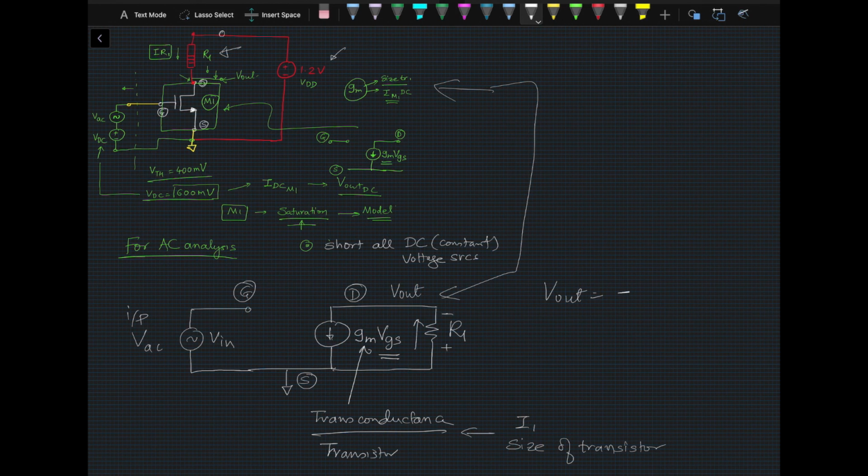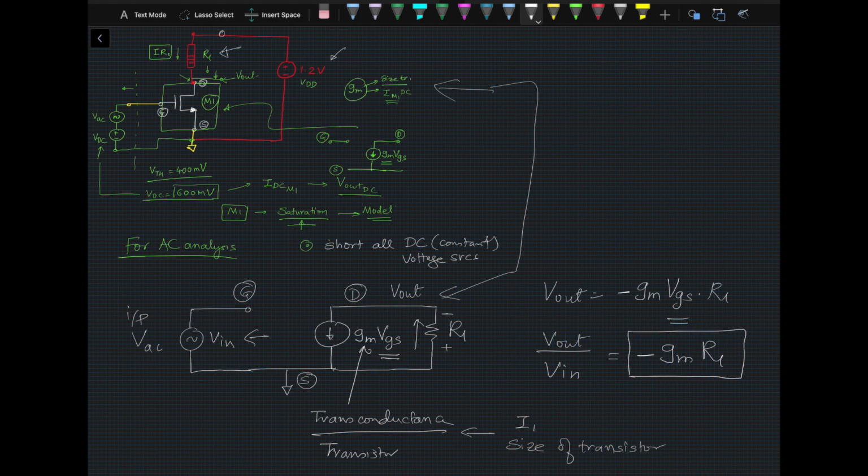V out will be equal to minus GM VGS times R1. So what is VGS? VGS is Vn. So V out divided by V in will be equal to minus Gm times R1.